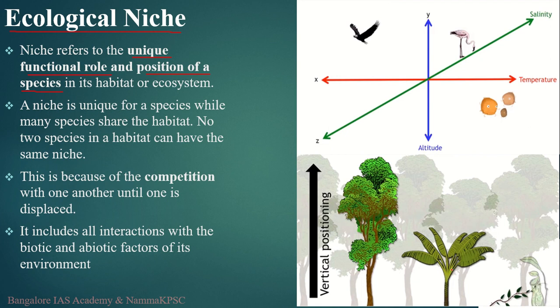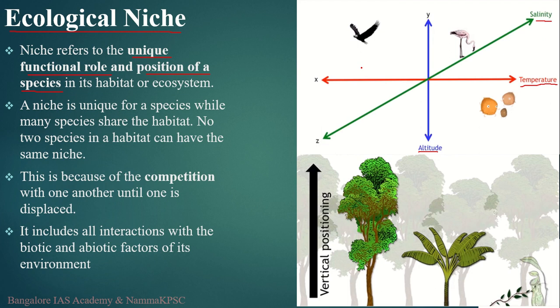So in order to make this more clear, please try and understand what I'm going to say next. If you consider a niche, it is always advantageous for a species to form a niche. Why? Because a species will always consider it more advantageous to occupy a unique niche within an ecosystem to reduce competition for resources. So if you see the diagram in your top right corner, you should be able to see three axes: x-axis, y-axis and z-axis, where x-axis represents the range in temperature, y-axis represents the range in altitude, and z-axis represents the range in salinity.